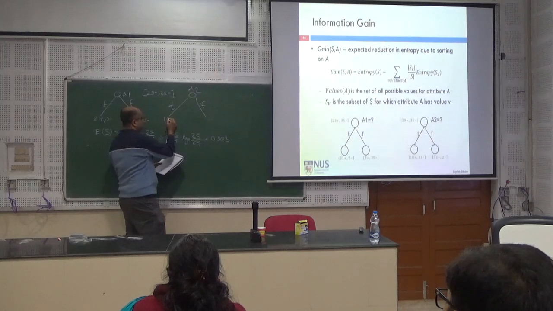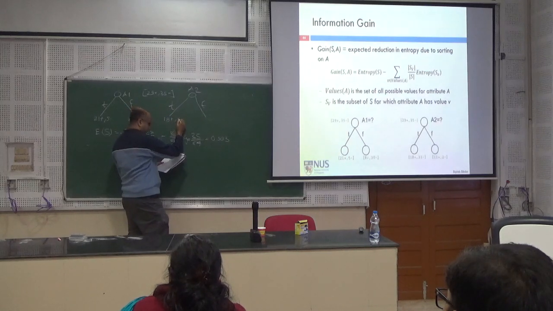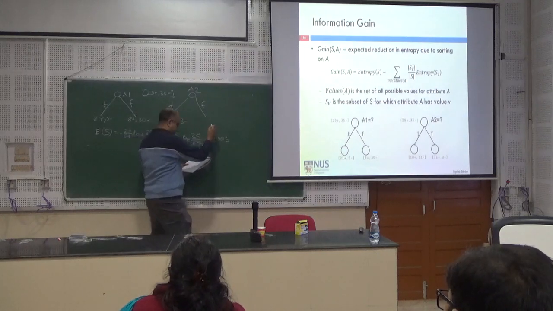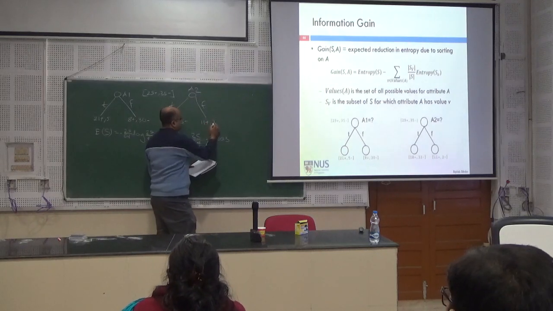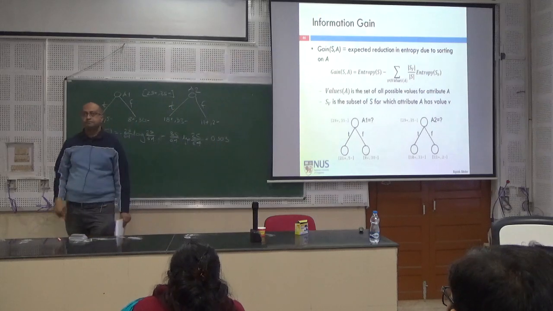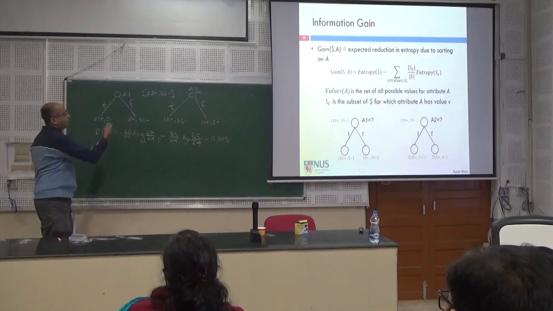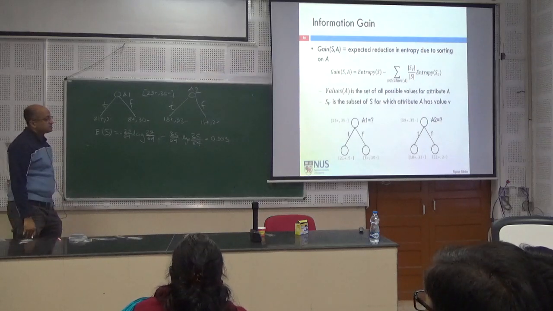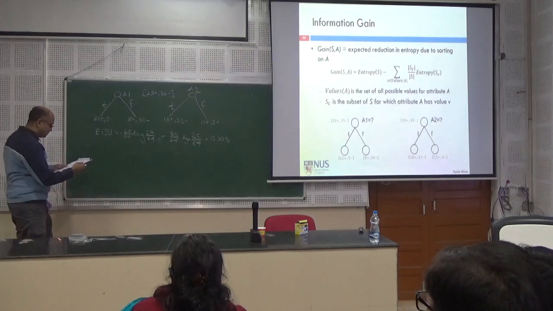And for A2, I have 18 positive, 33 negative, and 11 positive and 2 negative. So now let's just do one in the interest of time. Oh crap, we have just 10 minutes. Anyway, we'll do it anyway.